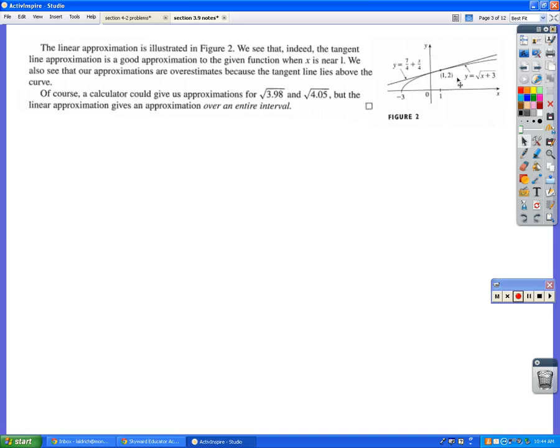We see that indeed the tangent line approximation is a good approximation when x is near 1. We also see that our approximations are overestimates because the tangent line lies above the curve. Of course, a calculator could give us approximations for that, but the linear approximation gives an approximation over an entire interval. So there's your answer.